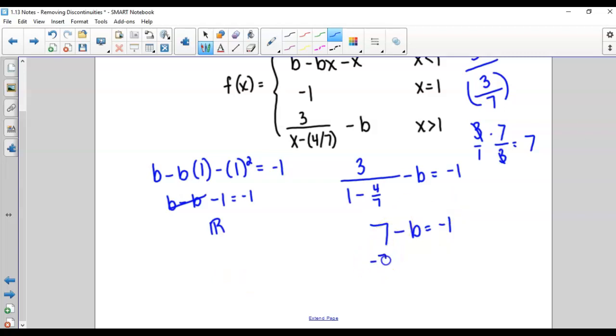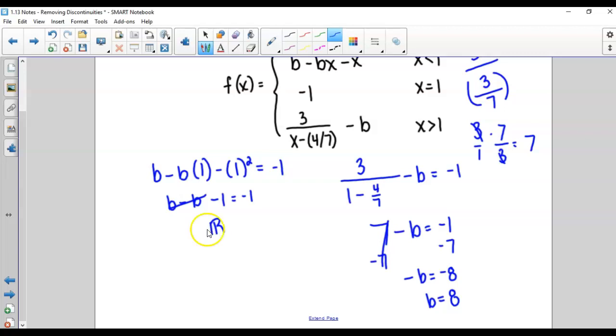And so we could subtract 7. So negative b equals -8. And so b will equal +8. So this one was a little bit weird because b equals 8 here and all real numbers here.